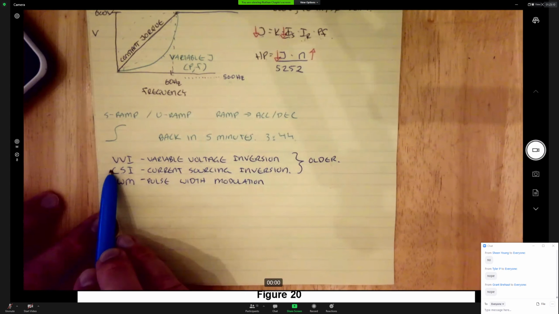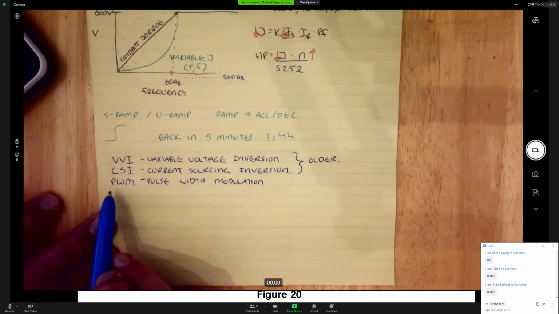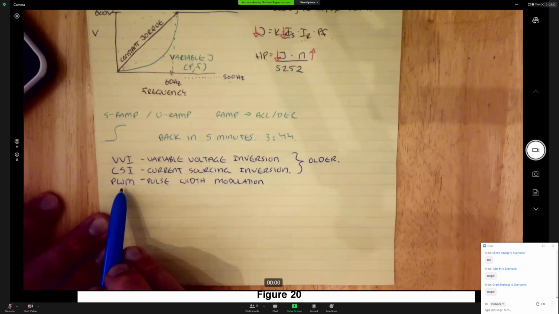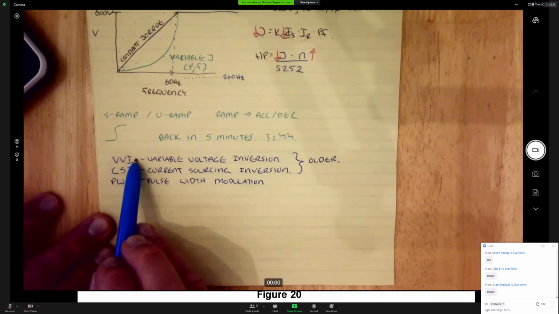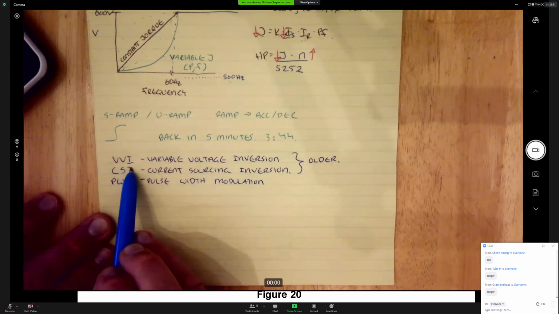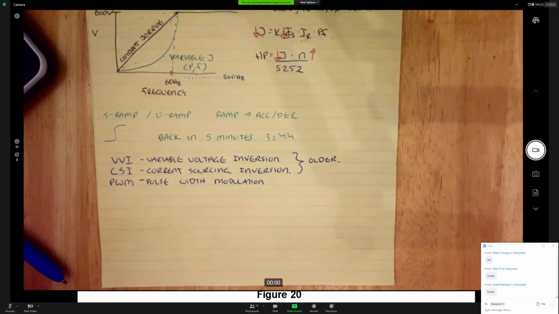You might find them in a really, really cheap VFD. But almost any drive that you install or come across that's been installed in the last, let's say, 5 to 10 years is a pulse width modulation drive. So this will be the focus of what we're talking about, but I still want to give you a context for these two guys here. So let's go back to our VVI.